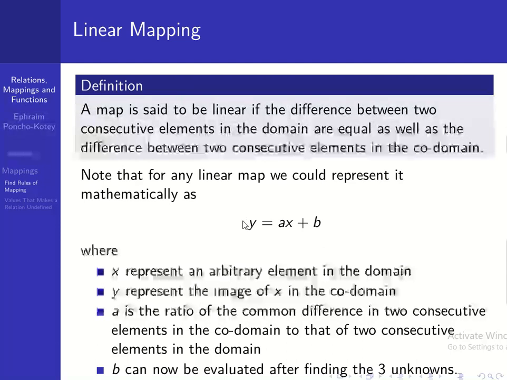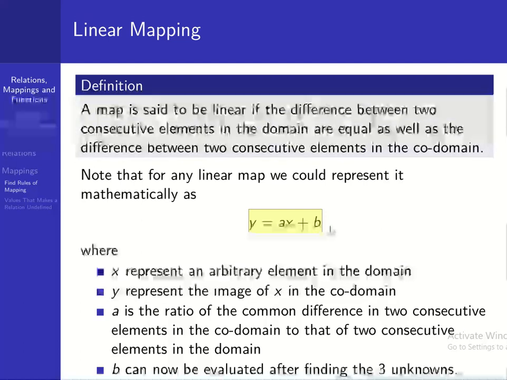So we can always represent a linear map by this relation: y equals ax plus b, where x represents an arbitrary element in the domain, y represents the image of that particular x we've chosen, and a is the ratio, the common difference in the consecutive elements in the codomain to that of the consecutive elements in the domain.